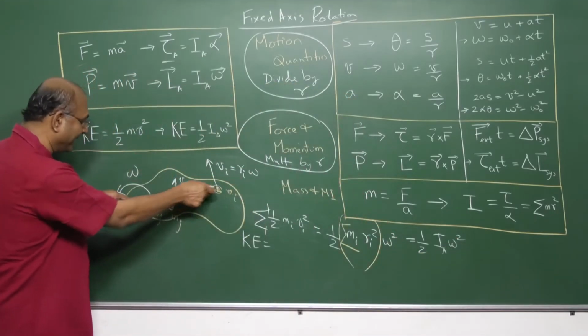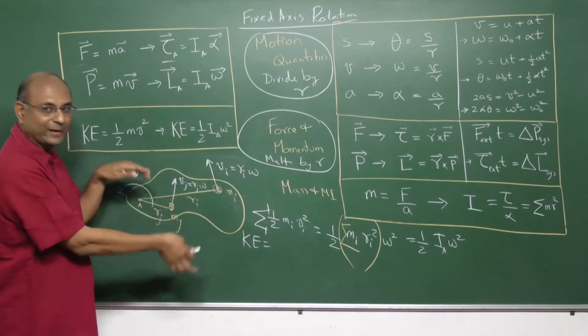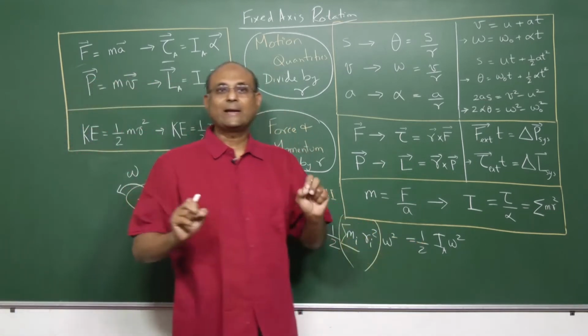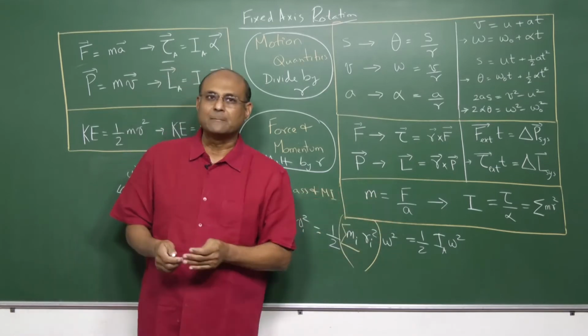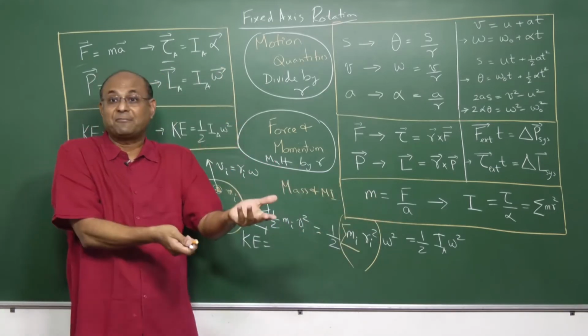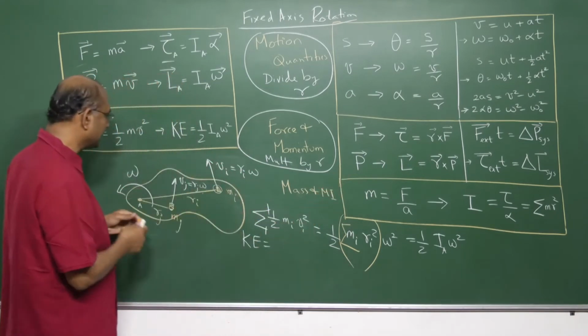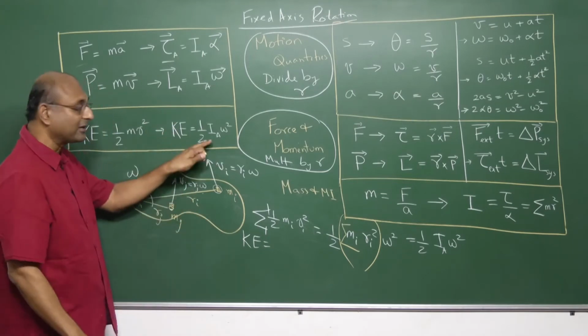So if I took mi ri square plus mj rj square, m1 r1 square, m2 r2 square and add it up, that is I about A. So kinetic energy is half I about A omega square. Now sometimes you might learn that you must also add plus half m center of mass velocity square. Don't do that. For fixed axis, if you use the formula I about the axis, there is no center of mass velocity.